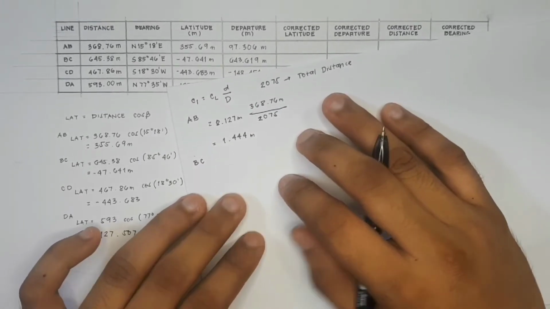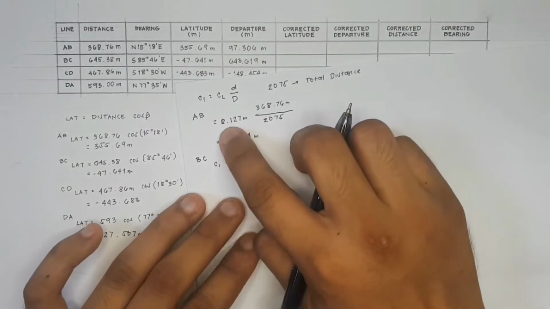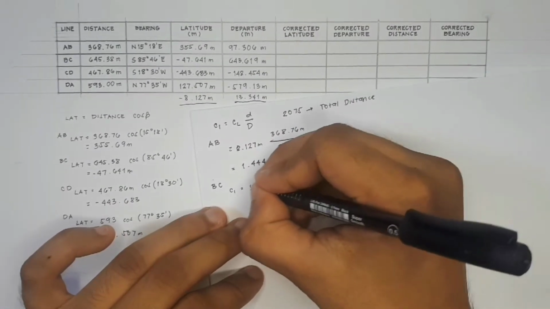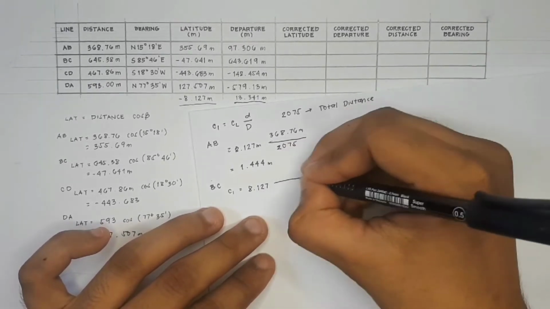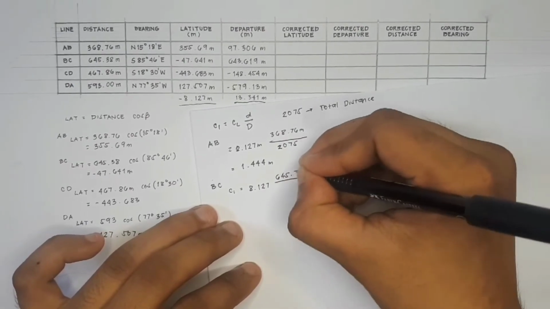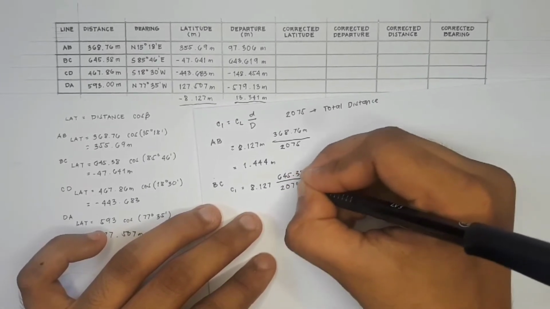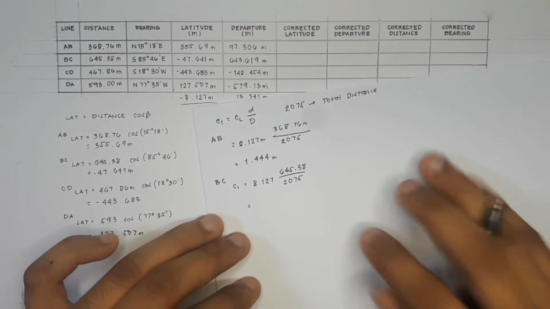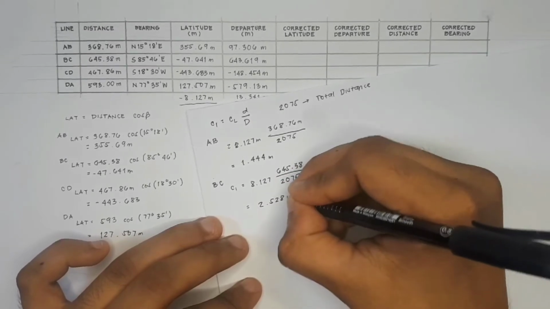The correction in latitude is equal to the total closure along the latitude, 8.127 meters, times the distance of line BC, 645.38 meters divided by the total distance, 2075, and this will give us 2.528 meters.